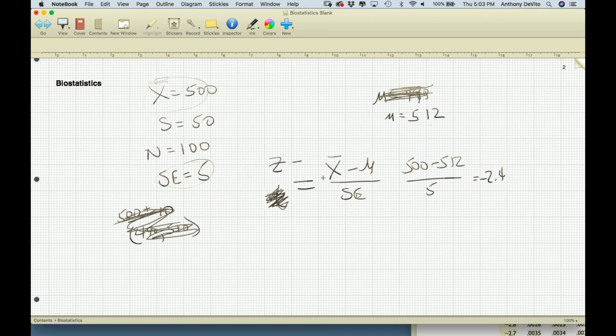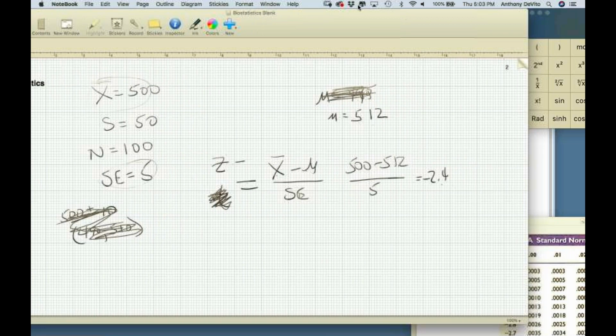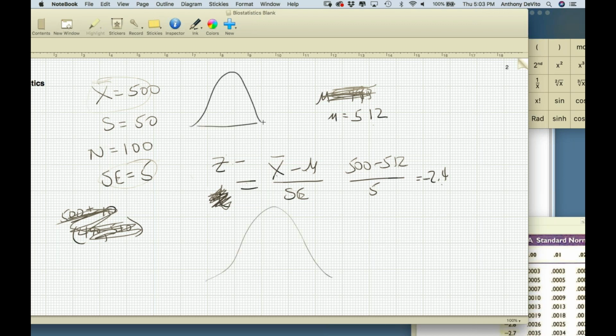So Z is equal to the difference between the two means over the standard error. If I told you minus 2.4 standard errors apart, well, my Z table represents areas in a standard normal distribution.